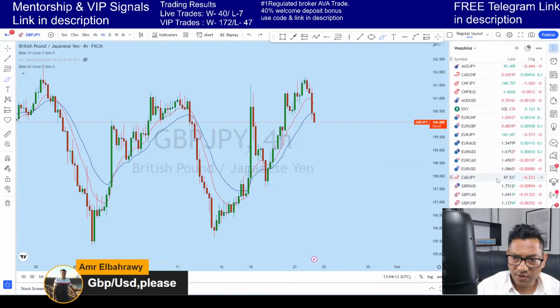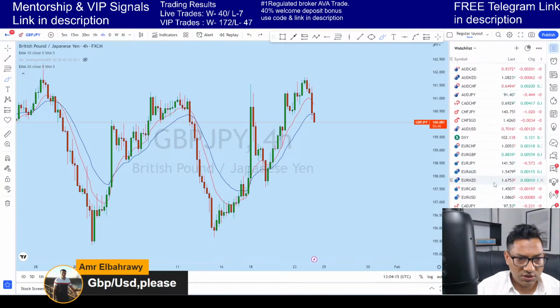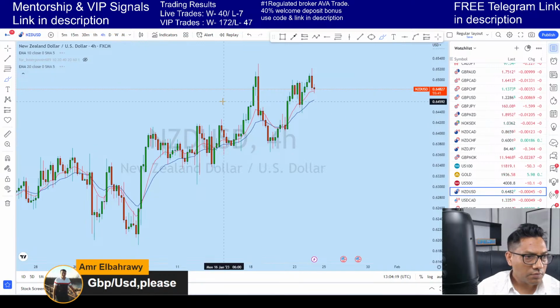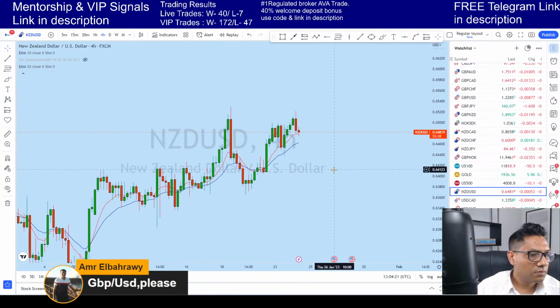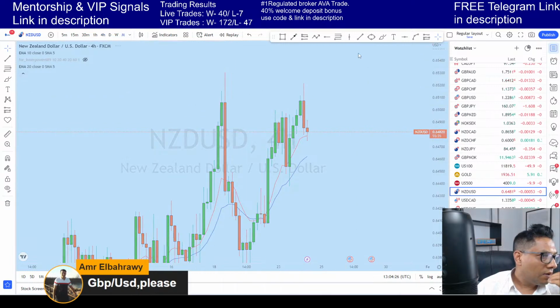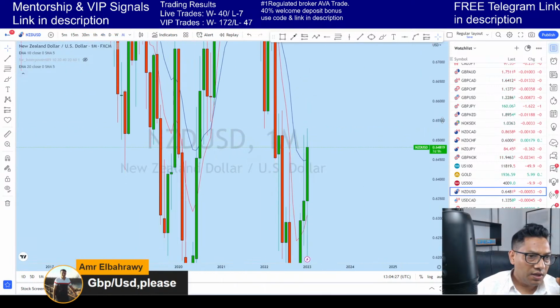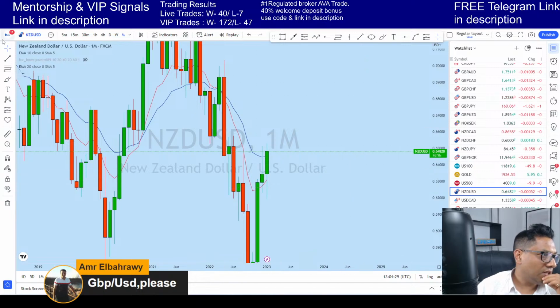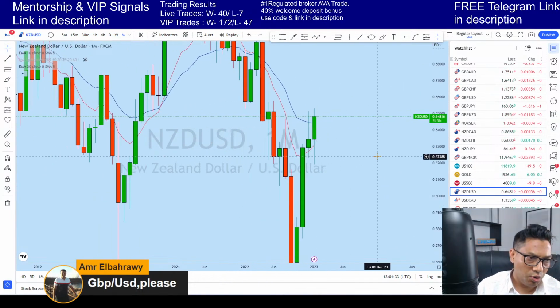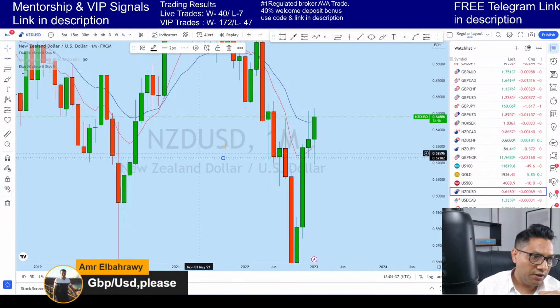Let me look at NZDUSD. Looking at the monthly on NZDUSD, we see that NZDUSD is also doing the same thing. There is a previous monthly support here, and also there is a monthly resistance.